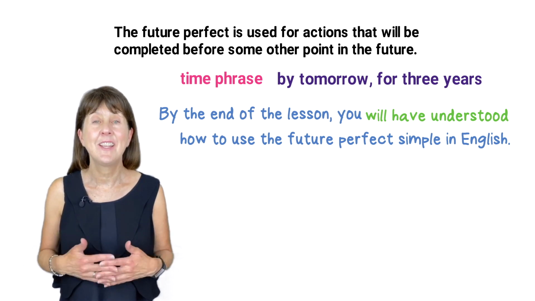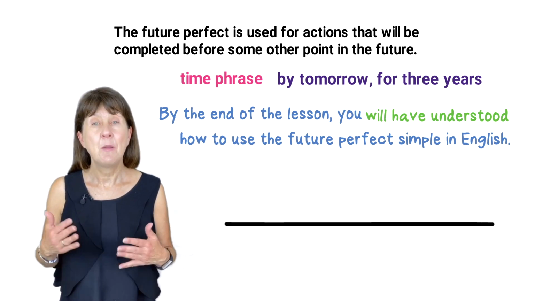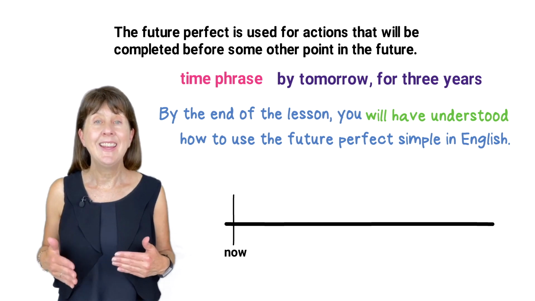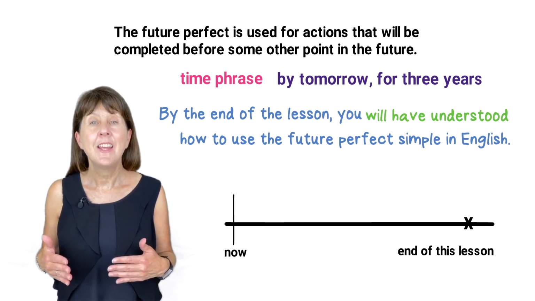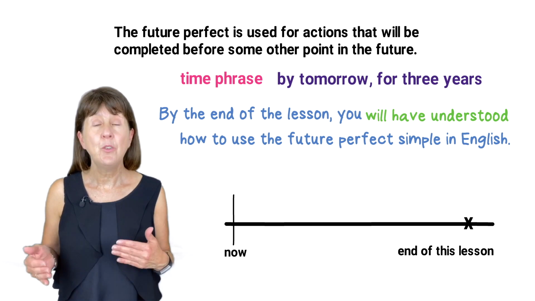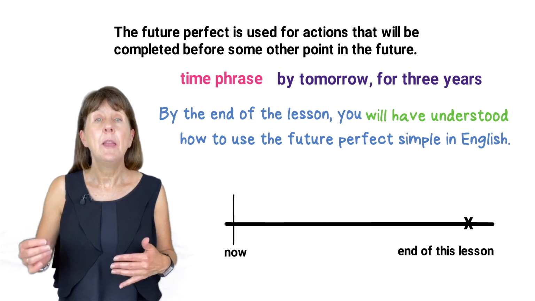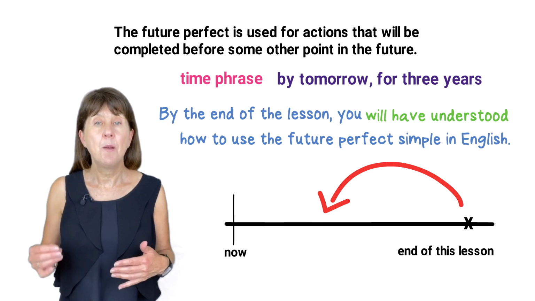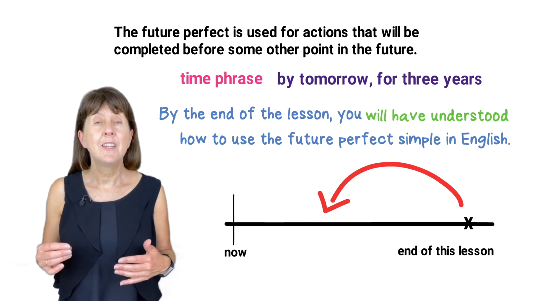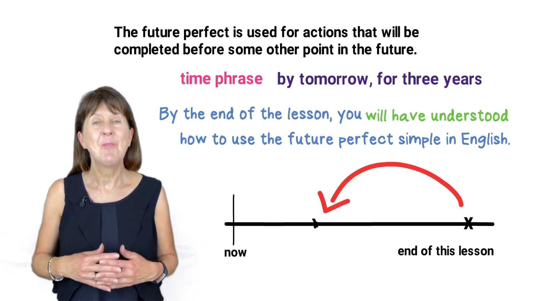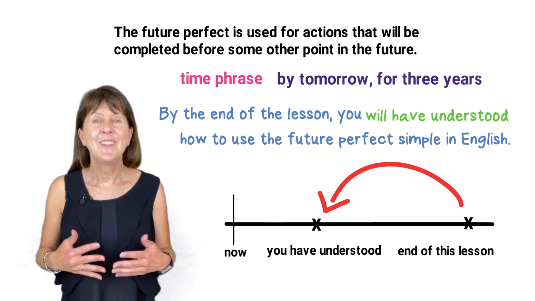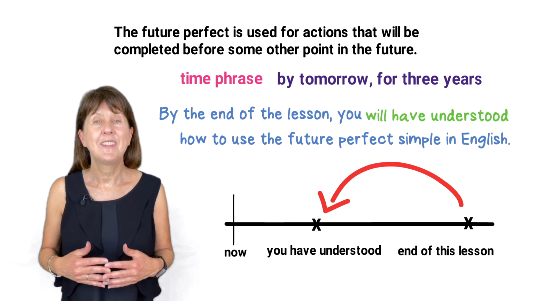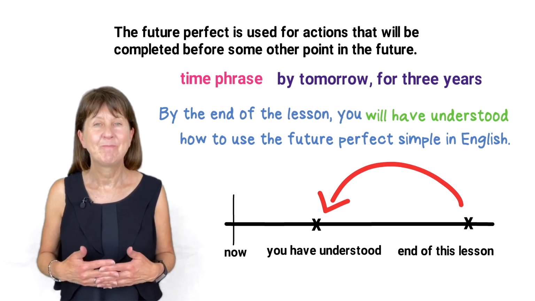If we look at this on a timeline, so imagine that you're at the end of this lesson and this is a point in the future and we are looking back to the past from this point. So sometime before the end of this lesson, you will have understood how to use the future perfect simple in English.